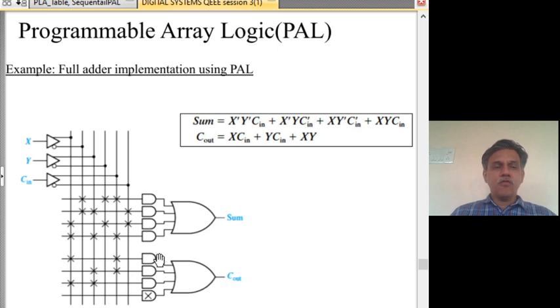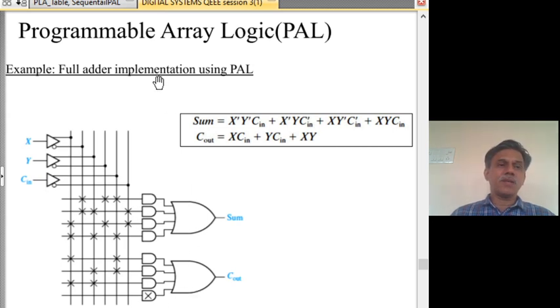Similarly, up to 4 terms can be ORed to generate this one. More than 4 cannot be ORed. That is the restriction PAL puts. Up to 4 it is possible, either it can be 2 or 3 or 4. So this side need not be programmed. It always ORs 4 terms. A term may have to be realized more than once, that may be present. One for this, one for this. But the advantage here is that this side need not be programmed.